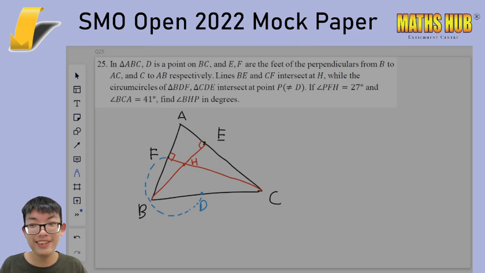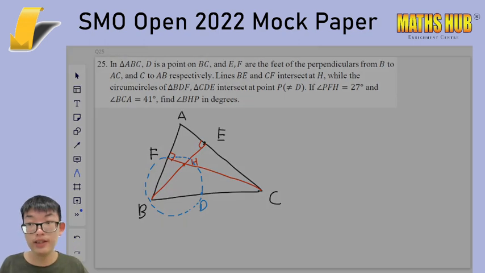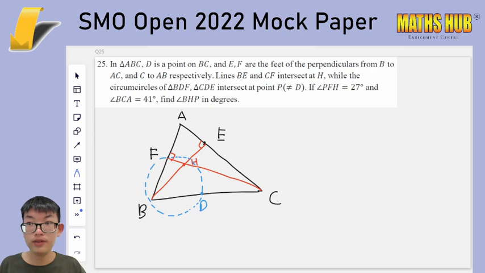Sorry about this, it happens every now and then. So you have one circle there and another circle at the other side. The intersection is supposed to be at point P.